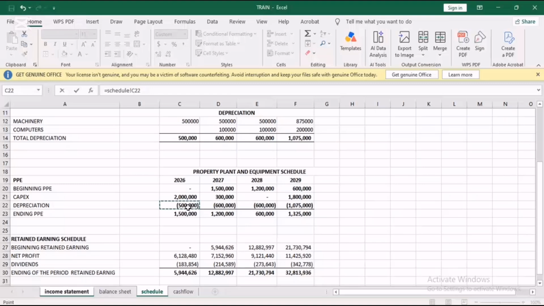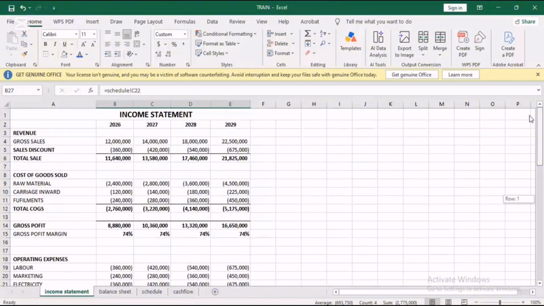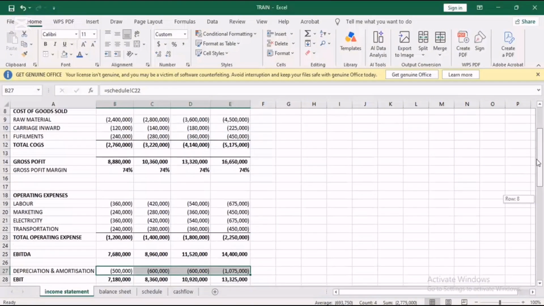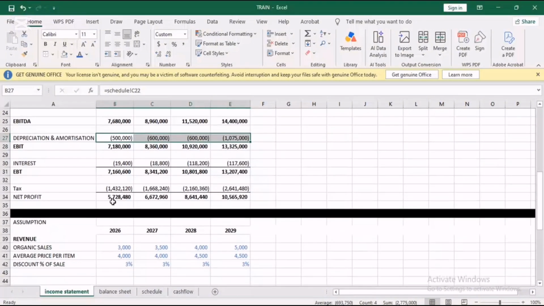So we hit enter. So that's that. So right away we've done 100% with our income statement. So as you can see, everything is way intact here. So these are our original net profits for the various period.